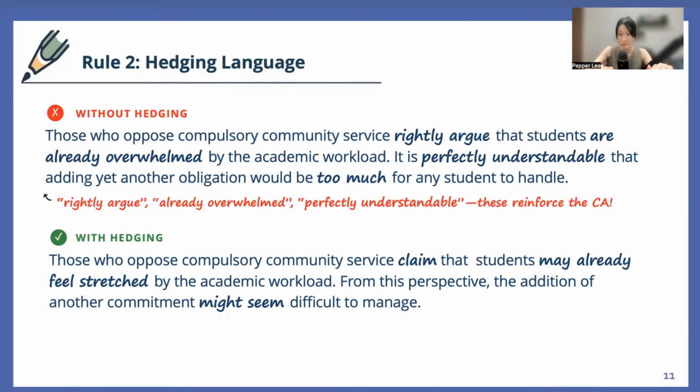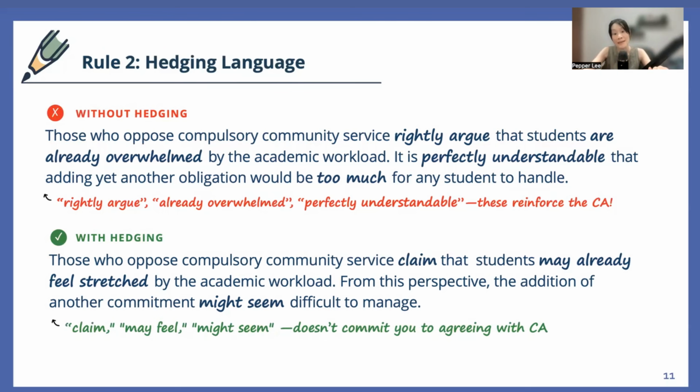From this perspective, the addition of another commitment might seem difficult to manage. Okay, you see a difference? I use words like claim, may feel, might seem. These phrases signal that I'm aware that this argument exists, but I'm not endorsing it. I'm not agreeing with it.